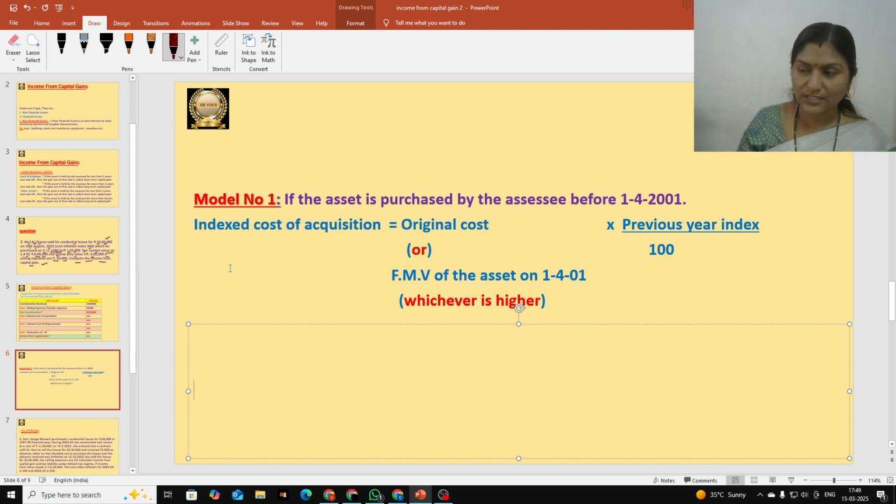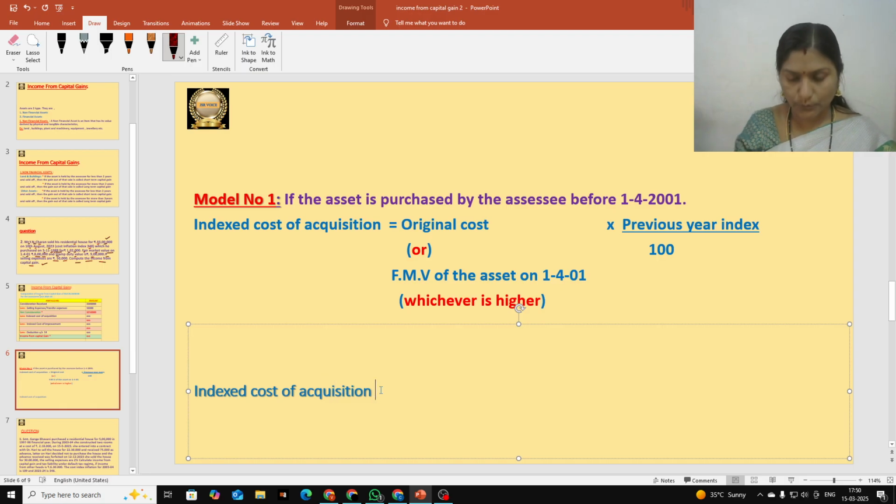Indexed cost of acquisition is equal to original cost of the asset.